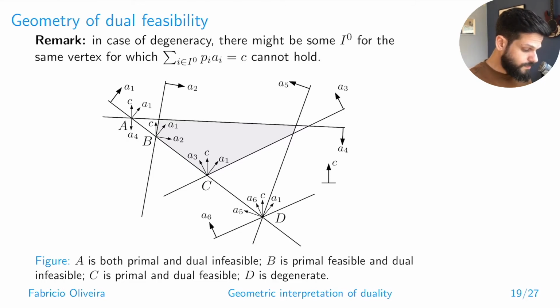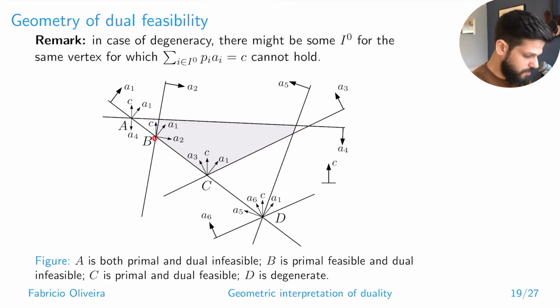Okay. And there is something interesting in terms of observing that it is optimal. Notice that, like we just said, primal optimality means dual feasibility. And we just saw that dual feasibility is the same as having your vector C written as a conic combination of the active constraints at that point. So let's look, for example, at point A. Point A is neither primal feasible nor dual feasible.